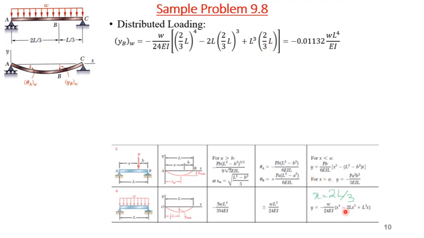So using this equation we put the value, and YBW is minus 0.01132 WL^4 by EI.